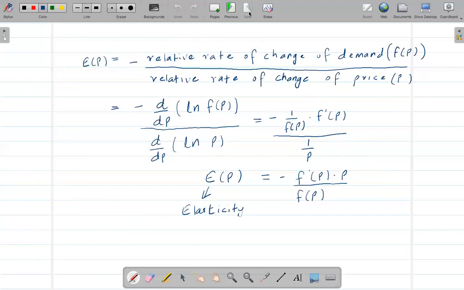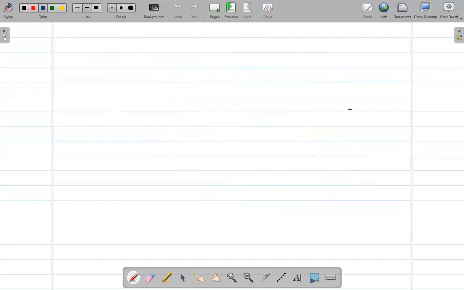Okay, so now using this formula, let's do an example. Let's do one example. So, okay, suppose the price P and demand, we said demand is f of P, right?